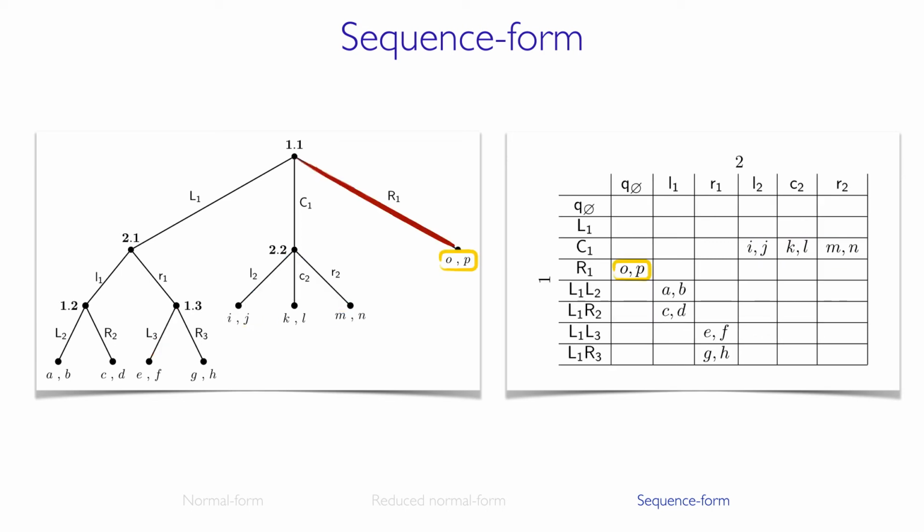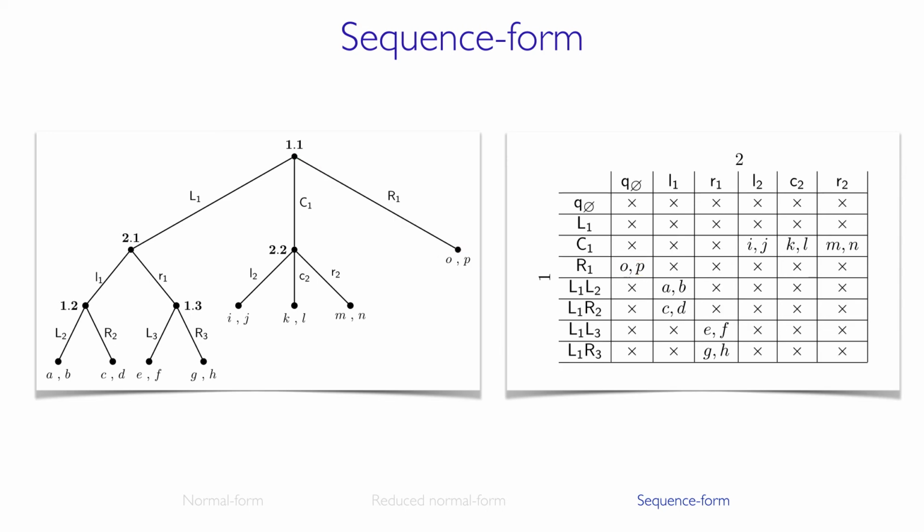Finally, if player 1 plays sequence R1 and player 2 plays the empty sequence, that is, she never plays, then player payoffs are OP. These are player payoff matrices in the sequence form representation.